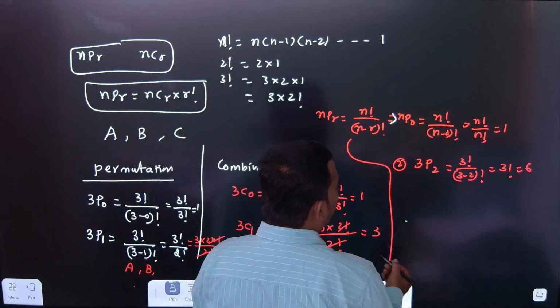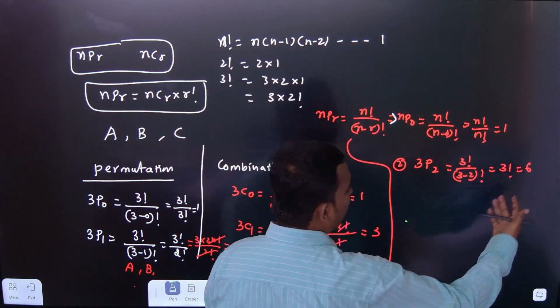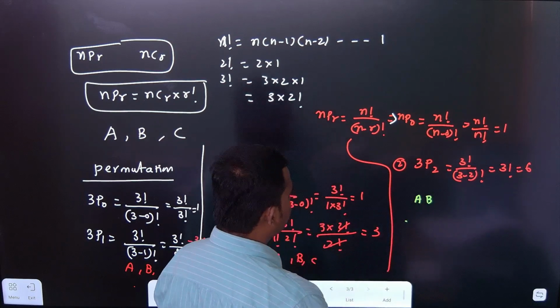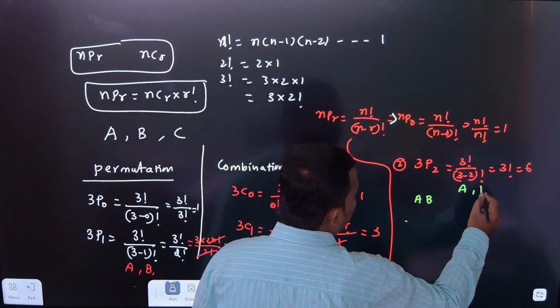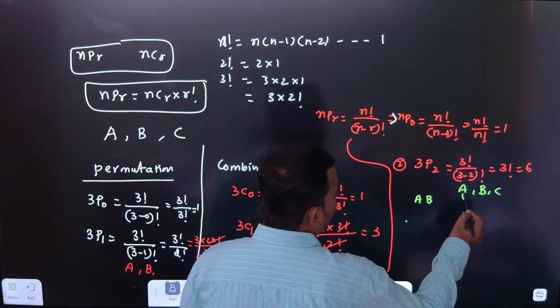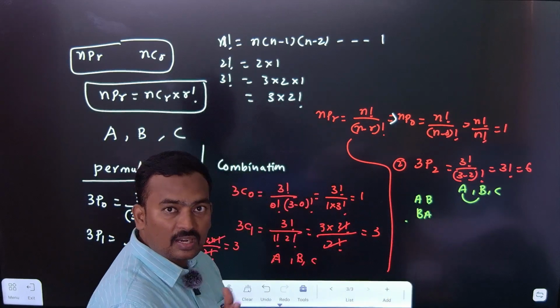So what are the 3 factorial ways here? 3 letters A, B, C. A, B you can take. First you have to understand A, B, C, right? A, B and then B, A. So you are arranging, right?